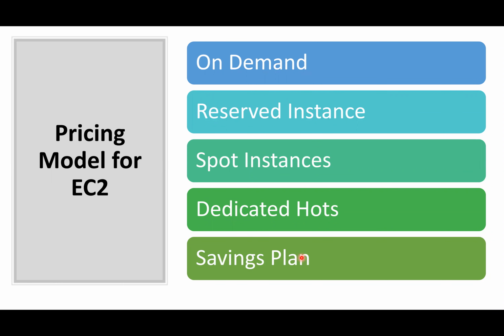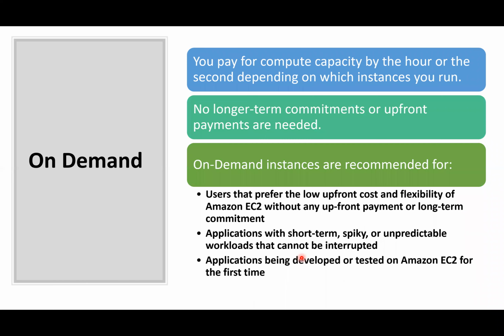We'll start with on-demand. As the name says, it's on demand. You pay for compute capacity by the hour or the second, depending on which instances you run. There are no long-term commitments or upfront payments needed.